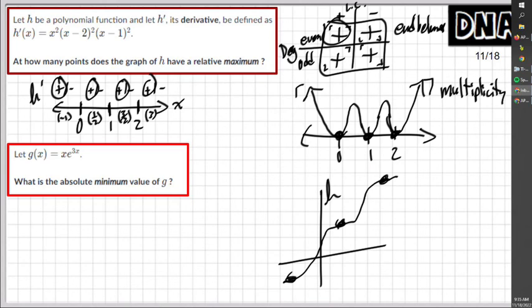So h is just continuing to increase. We're not going to have a relative maximum anywhere, because to have a relative maximum, we have to be increasing, then decreasing. That means we have to have a positive slope, then a negative slope. We don't have positive, negative anywhere here, so there's none. 0.